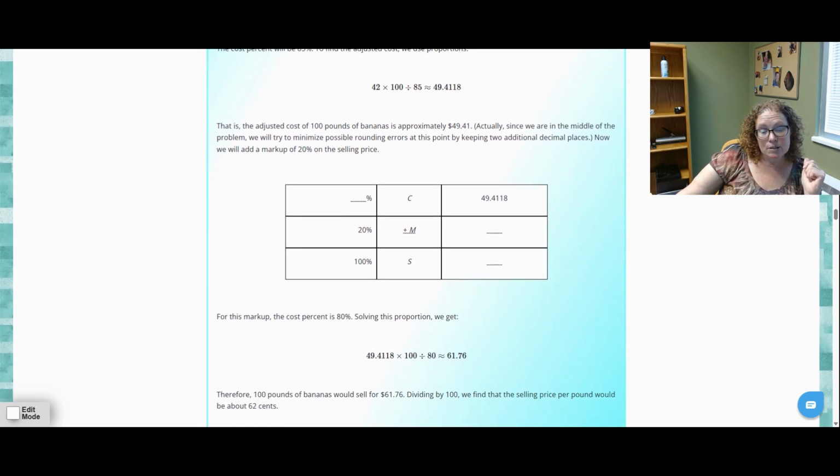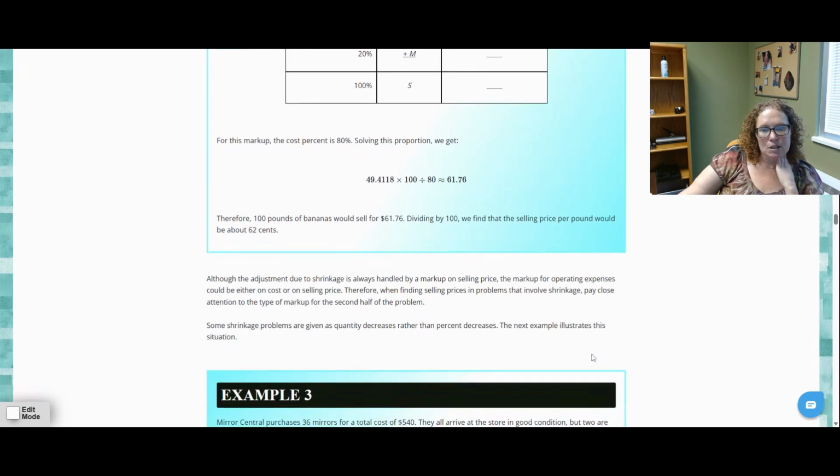And so based on that, and putting our numbers into the calculation, we see that 100 pounds of bananas would sell for $61.76. We also could divide it by 100 because we want to find out the price of 1 pound, because usually individuals don't buy all 100 pounds of bananas. And then we would get the 62 cents.